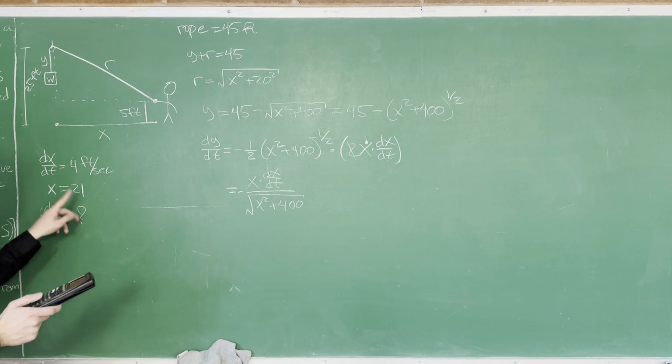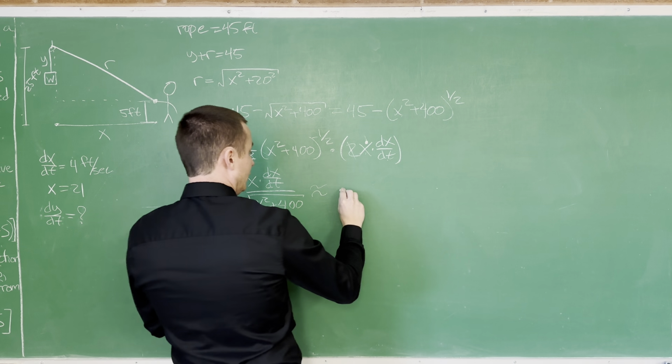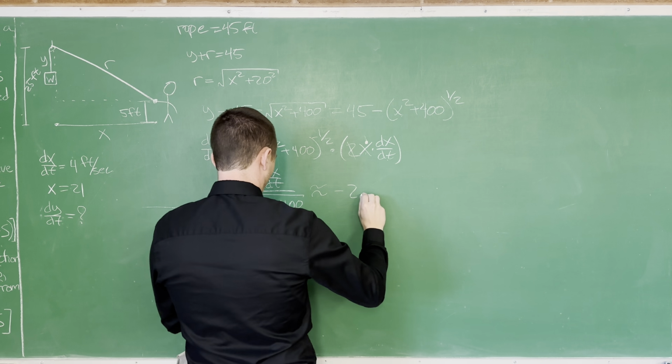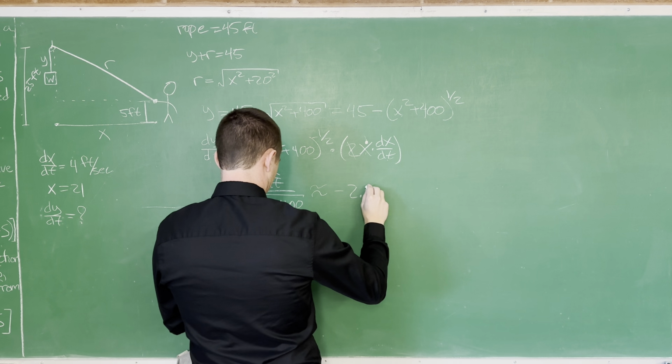Missing a parenthesis. Yep, there it is. And it comes out to approximately negative 2.9 feet per second. So, in other words, this weight is going up at 2.9 feet per second.